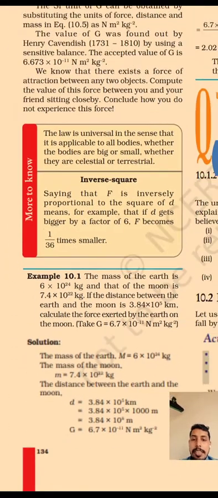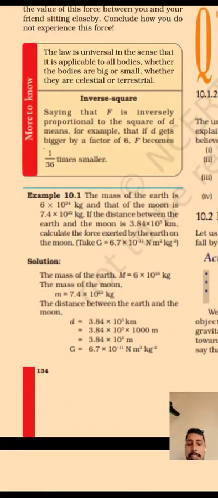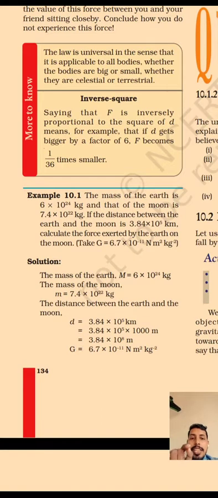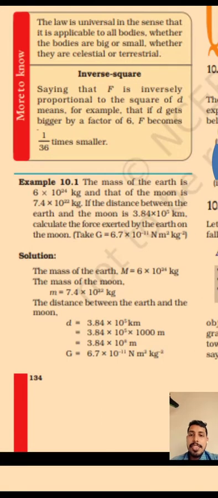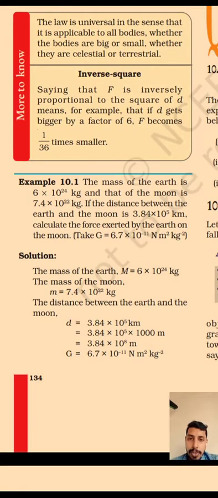Then here one calculation is given. The mass of the earth is 6 into 10 raised to 24 kilogram, which we already did. The mass of the moon is 7.4 into 10 raised to 22 kilogram.